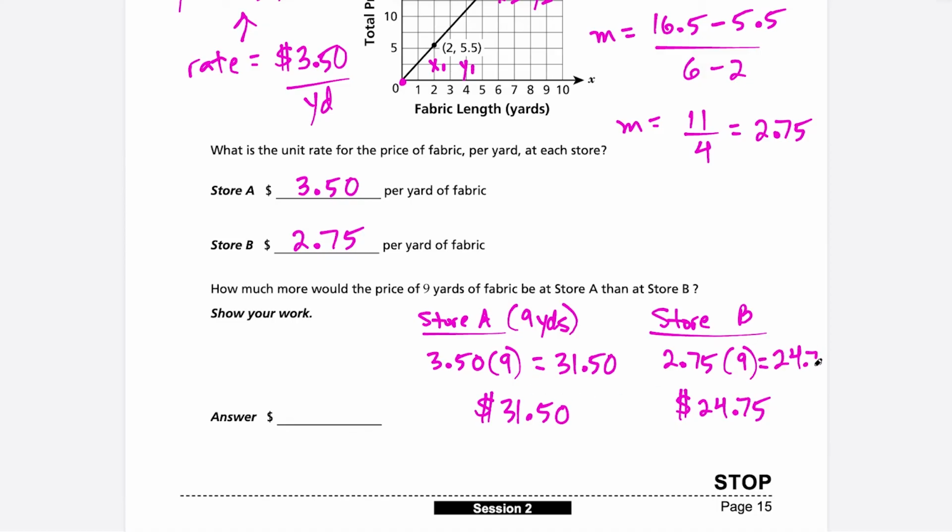So this is also for 9 yards. And now what we want to find here is the difference. So for the difference, we just have to subtract the two. We're going to do $31.50 minus $24.75. If we do the subtraction on the calculator, it's going to work out to $6.75. So here's our solution to the last question.